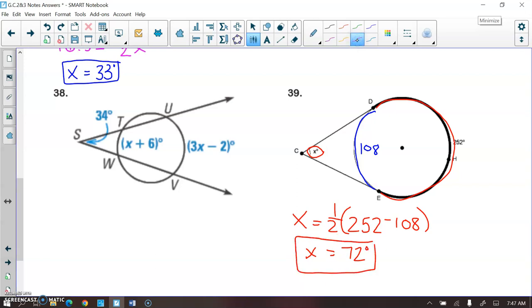Okay, so for the next one, this 34-degree angle is equal to half the difference of the two arcs. This one we need to be careful. We're going to take the 3x minus 2, but then I'm going to subtract the x plus 6. But I need to put that x plus 6 in parentheses because I'm going to need to distribute that minus sign in.